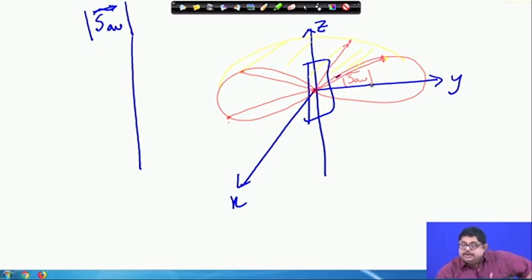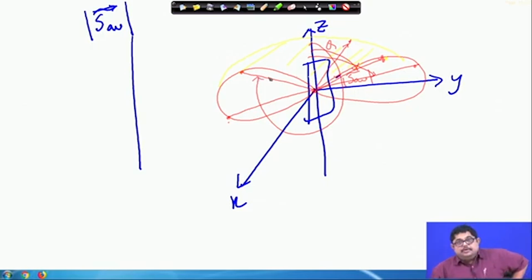Now, the question is where it will be minimum and what is theta? You see in this coordinate system, this is theta. When I am talking of this point, this is my theta. When I am talking of this point, this is my theta. Okay?